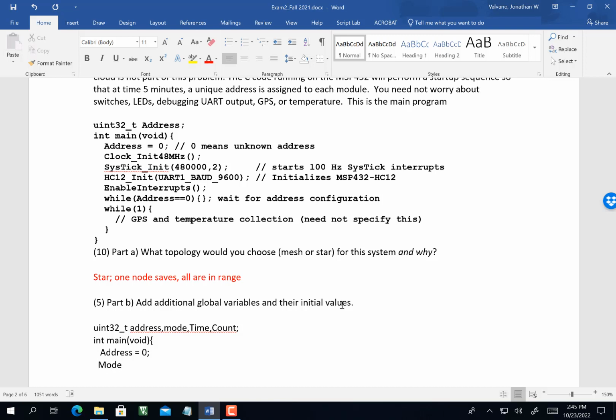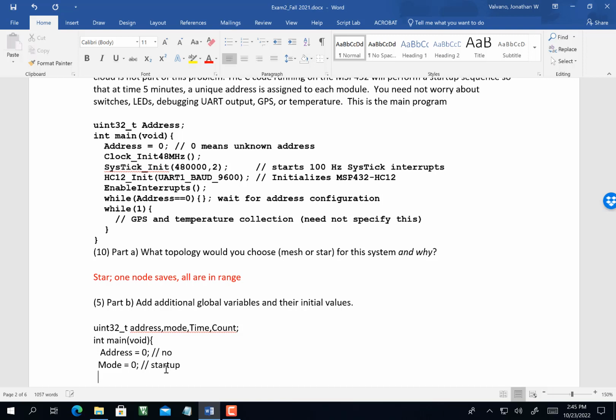And so again, address equals 0 means no address. This will mean startup, which means we don't know anything.